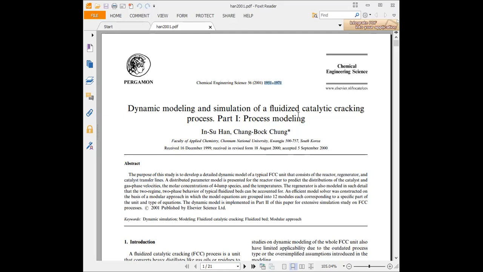So here it is very important to deal with the fluidized catalytic cracking process, since it consists of reactor, regenerator, and catalyst. I'm not sure whether I have shown you the simulation which I did for my PhD thesis.